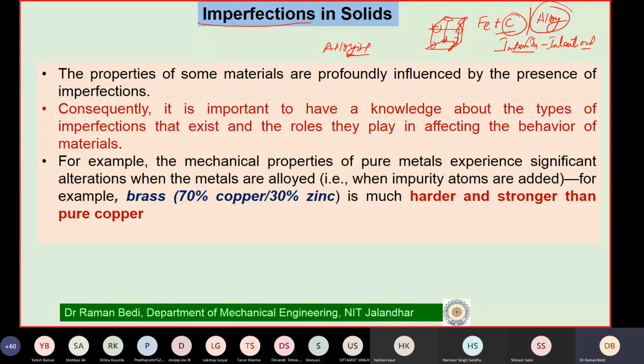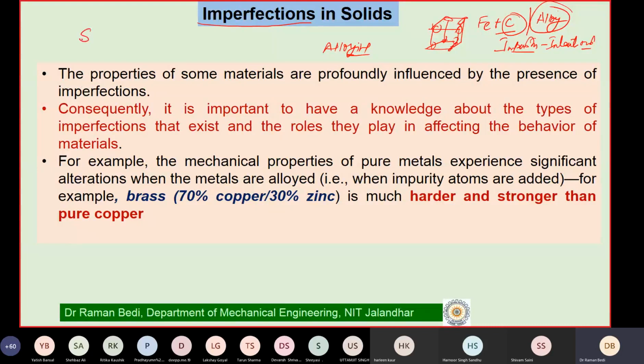But for metals, we say pure metals have properties which are not that useful to us. Like gold, when it is in pure form, it is very, very soft. Similarly, silver when it is pure is very, very soft. If you want to make utensils of silver, you cannot make them.